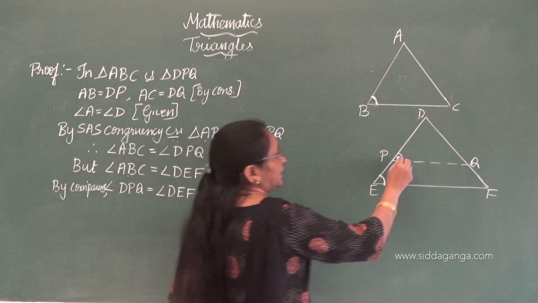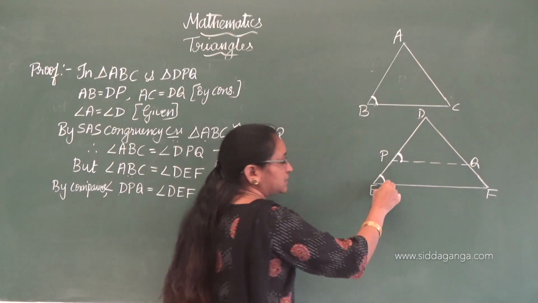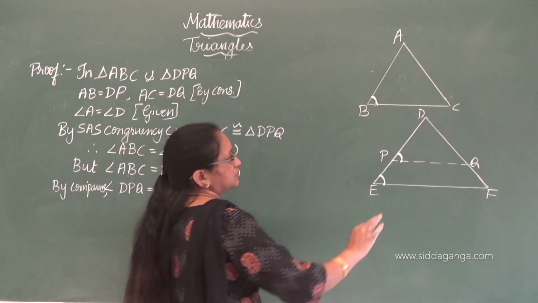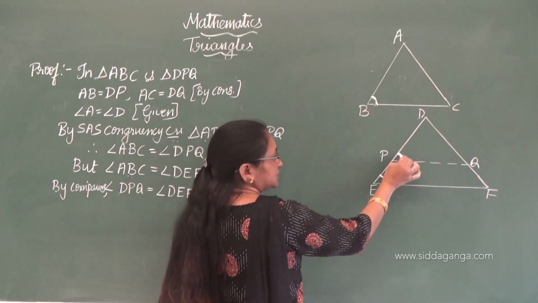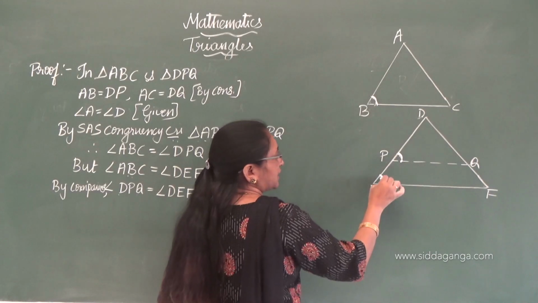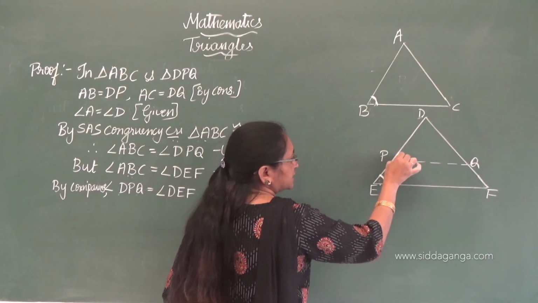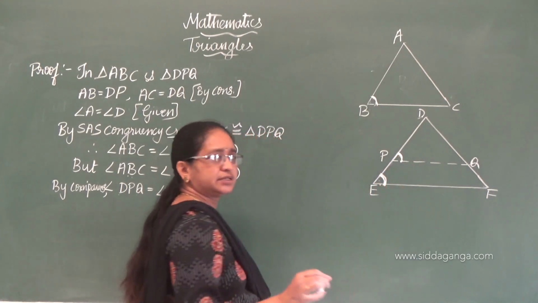I am trying to tell that these two angles are equal, that's it. Angle B is equal to angle P here, angle B is equal to angle E here, so definitely this angle and this angle will be equal.